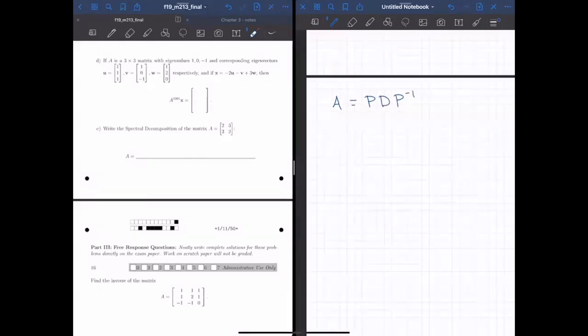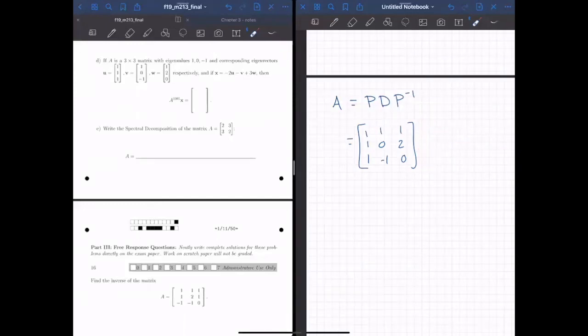Yeah, and so we should be able to produce the original matrix. Exactly. If you wanted to, you could actually write down what A is. They've given us enough information to build our P matrix, and they've also told us the eigenvalues, so we could build our D matrix. So if you wanted to know what A was, you could.